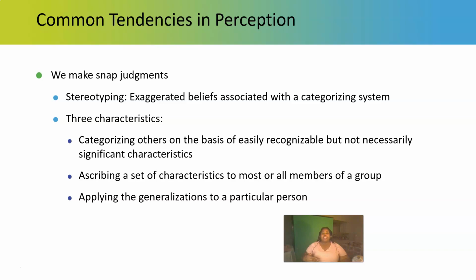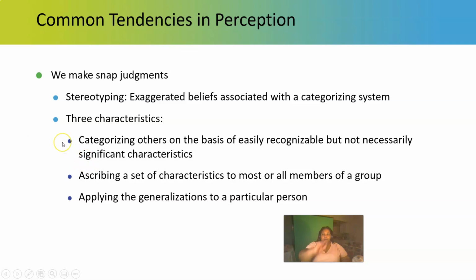A stereotype is an exaggerated belief associated with a categorizing system. So when we think of a categorizing system, we'll talk about how people are stereotyped. Some stereotypes are benign and some are really, really harmful. But how do they form?